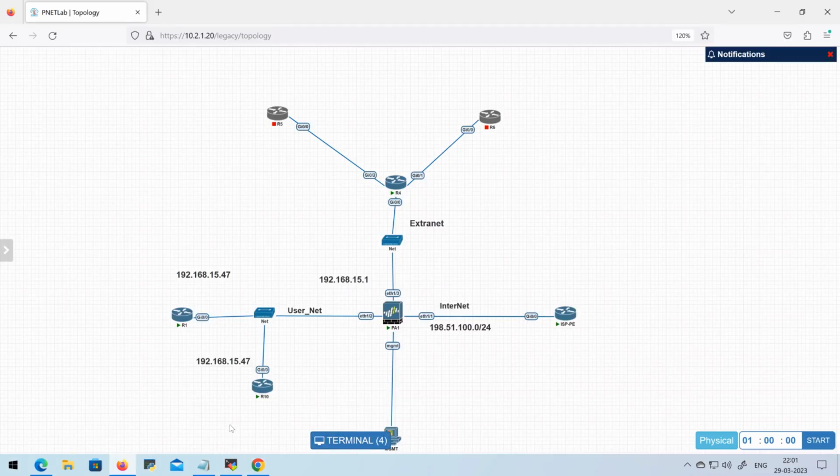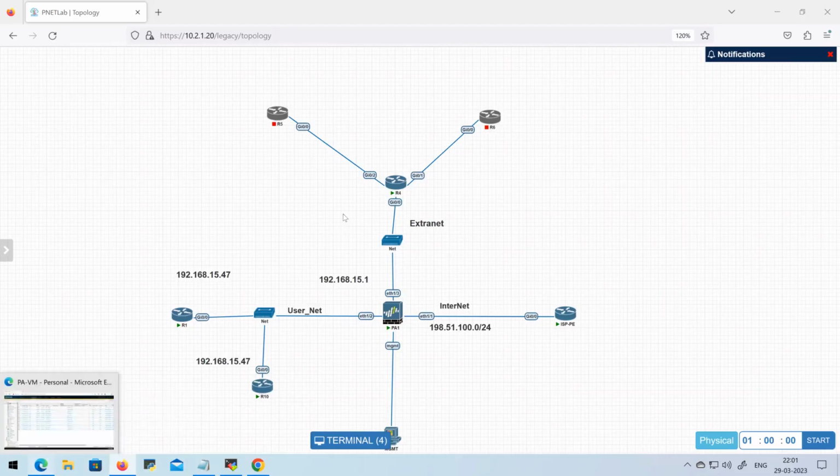Sir, on the Ethernet port, we cannot ping directly to the interface because we did not create the management profile, I think. What did you say? Management profile, sir. In the management profile, it was there on all the interfaces.